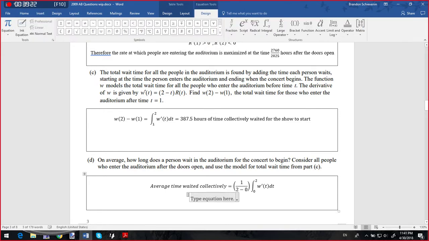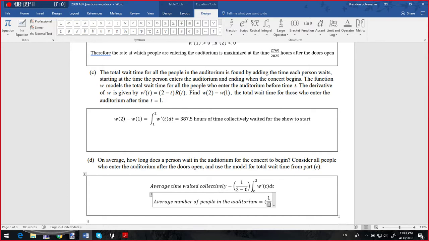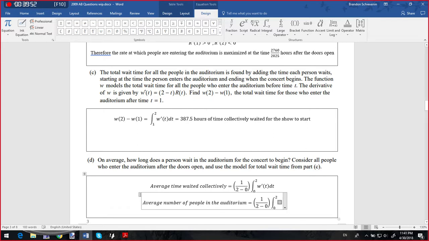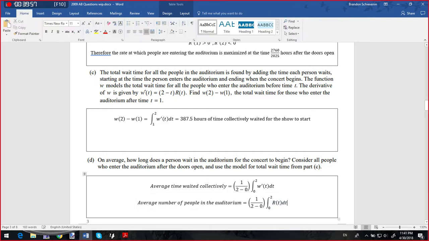Then I also need the average number of people in the auditorium. Which would be 1 over b minus a times the integral from a to b, so from 0 to 2, of r of t dt, which is the rate at which people are coming into the auditorium.